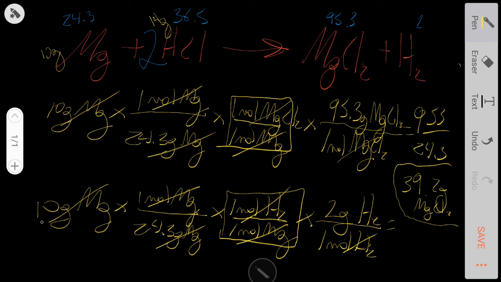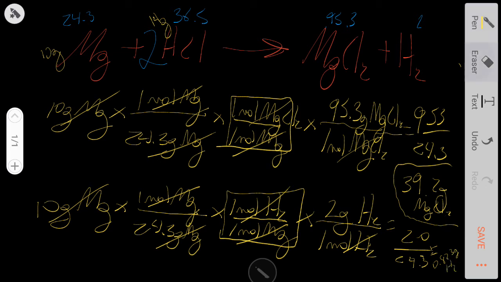All right, for this one, I'm going to have 10 times 1 times 1 times 2, that's 20, divided by 24.3. Which equals, it's going to be kind of small here, 0.823 grams of H2.